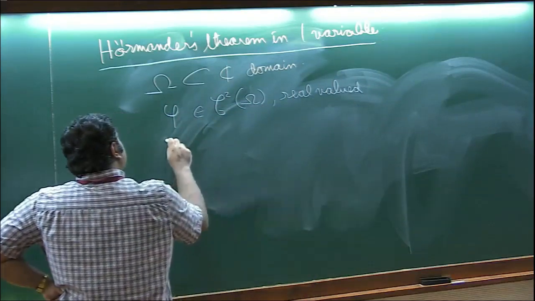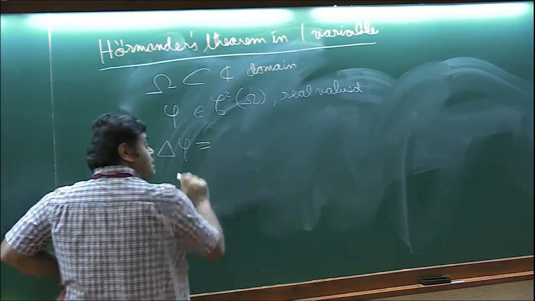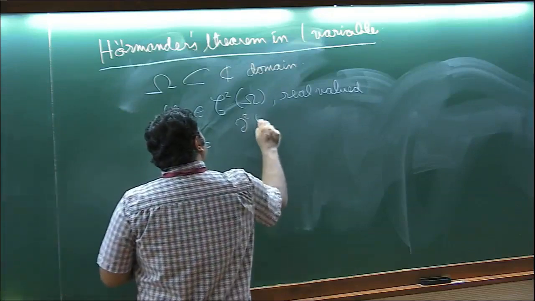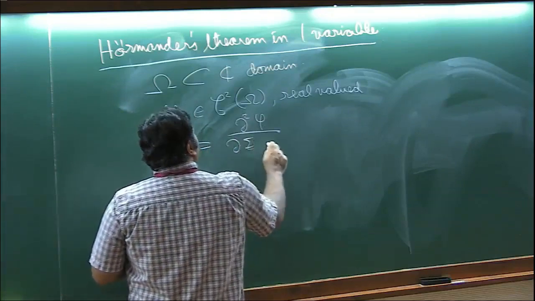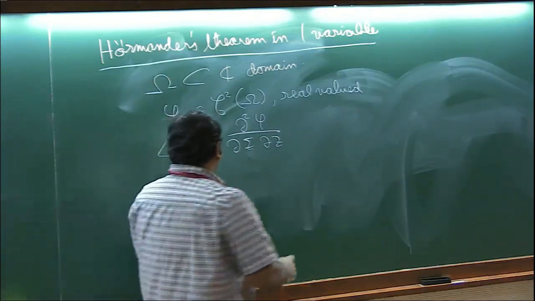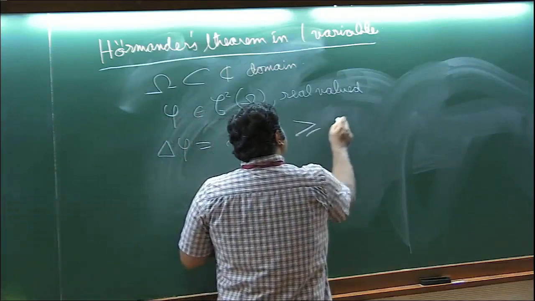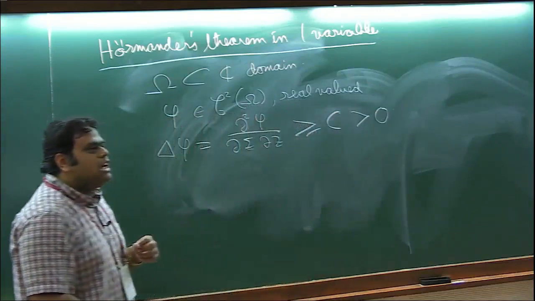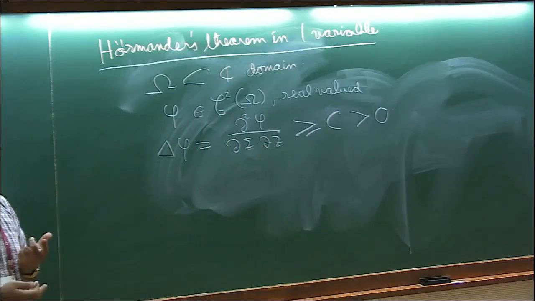We'll assume that the Laplacian of phi, by which I don't mean what Laplace meant, by which I mean almost what Laplace meant, except it differs by a factor of 4. Okay? This quantity is greater than or equal to C, which is itself greater than 0. So the Laplacian is strictly positive and bounded below.